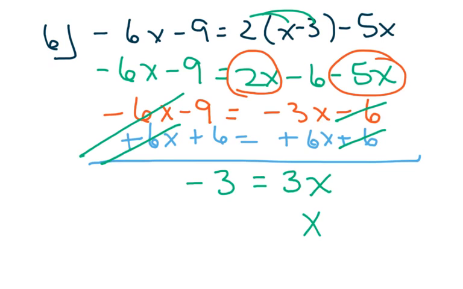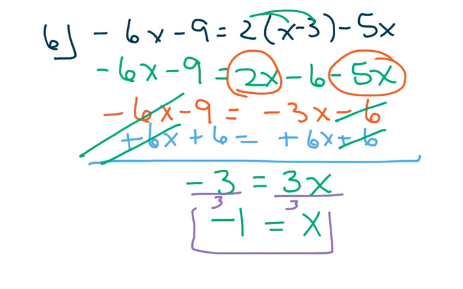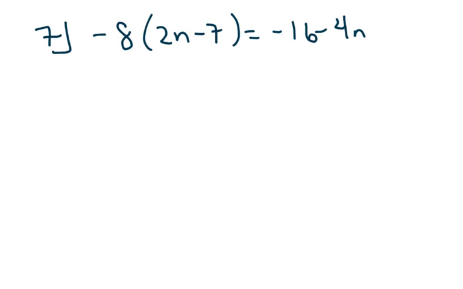And clearly x equals negative 1, because negative 1 times 3 is negative 3. Again, if you wanted to divide both sides by 3 here, you could have. But these easy ones, I prefer you do these in your head. And so we're going to write negative 1 here. Curly brackets. All right.